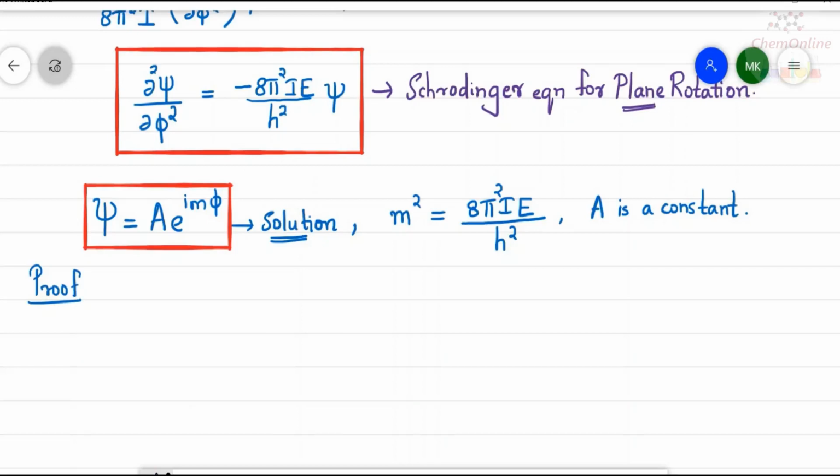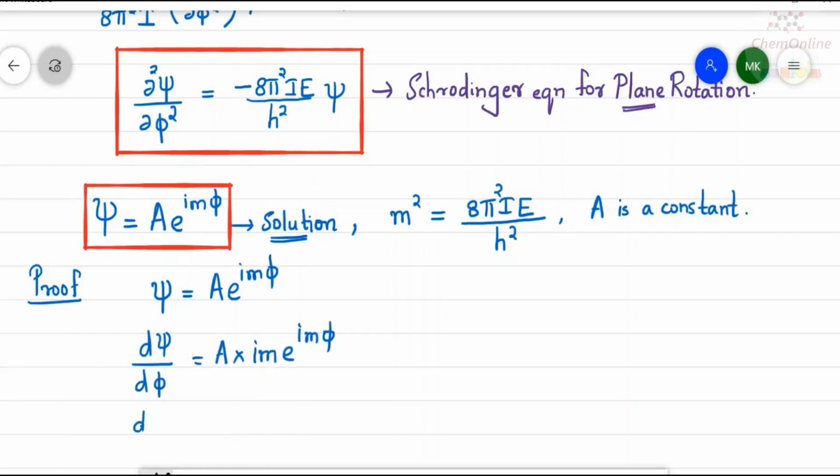Now let's see the proof for the solution. We said xi equals a e raised to i m phi is the solution. Do d xi by d phi. So this will be equal to a into differential of e raised to i m phi, which is i m into e raised to i m phi.